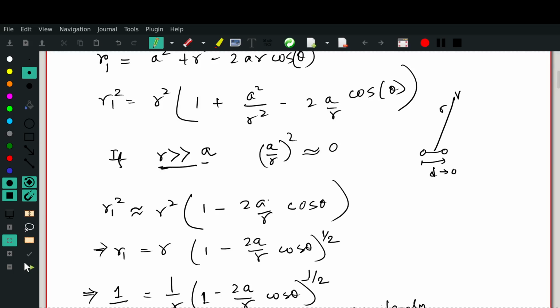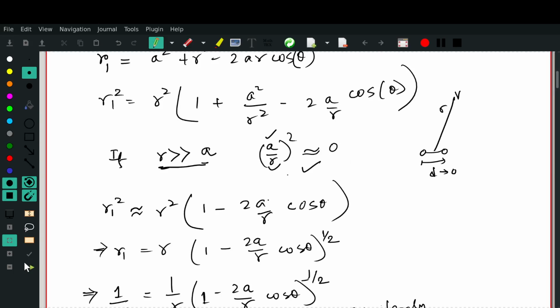Now if this is the case, the a by r whole square can be neglected, because that will be even smaller, right? A is smaller and r is large, and if you take a square of it, it will be even smaller. So you can just ignore this factor, right?